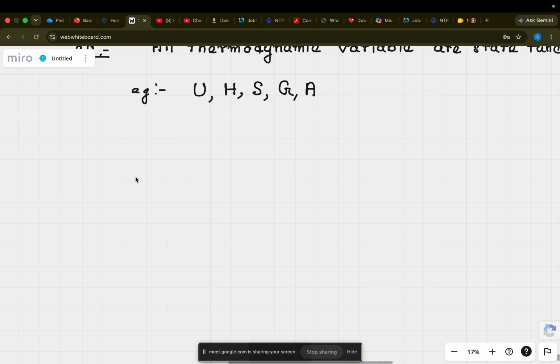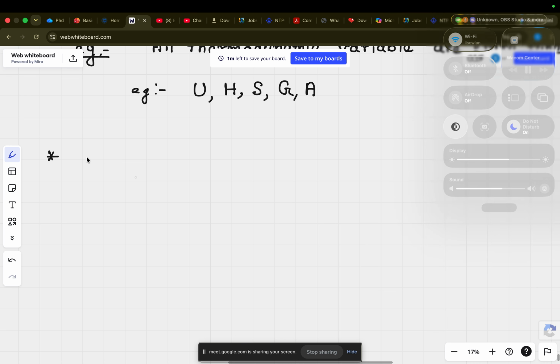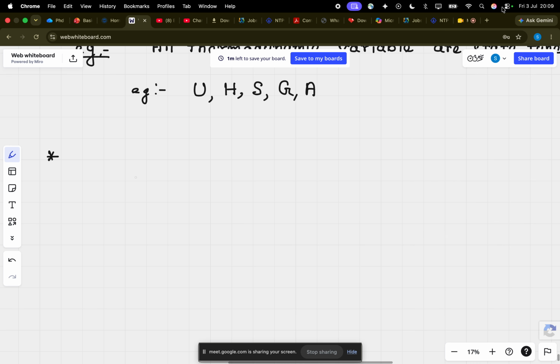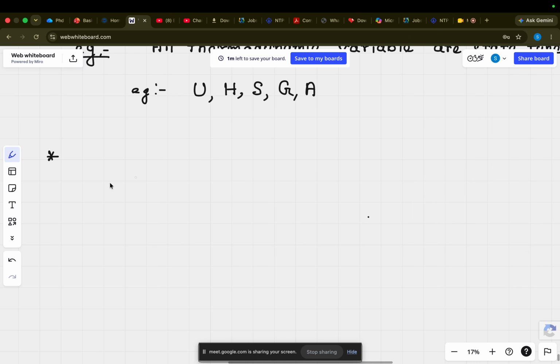Next, write down one more thing we have, that is actually known as a path function. So path function means what?